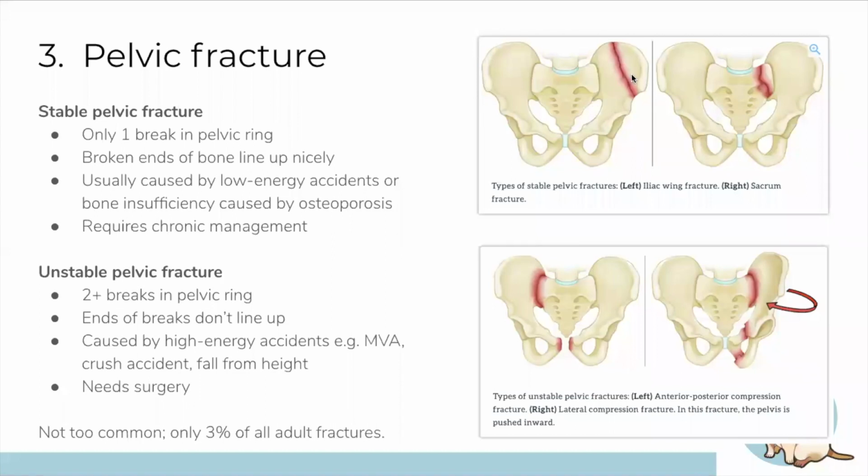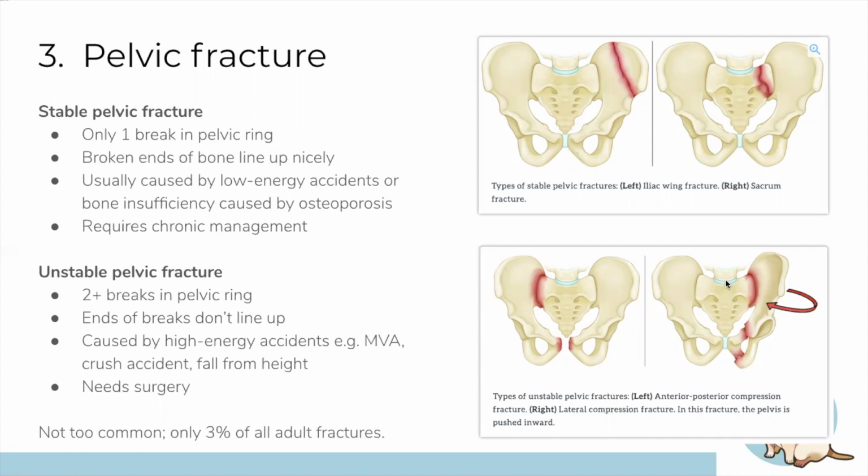And often the bone just stays there nicely and doesn't move around too much. It happens a lot in older patients who may have osteoporosis, so the bones are more prone to fracture if they just have a little fall or something. Unfortunately, they'll just have to manage that for the rest of their life, though. It just requires chronic management.